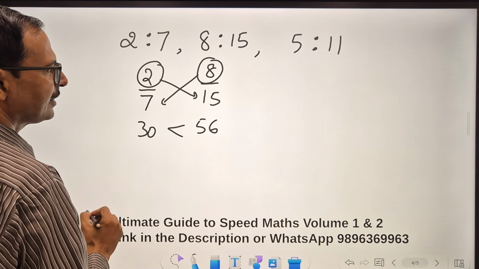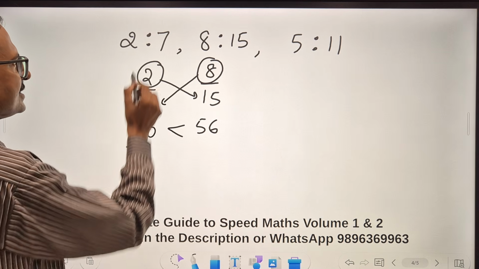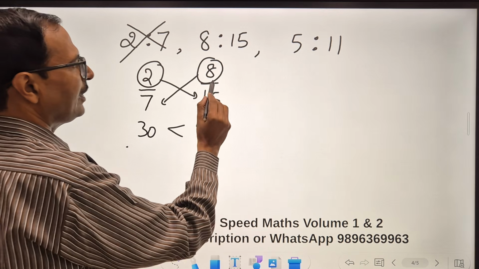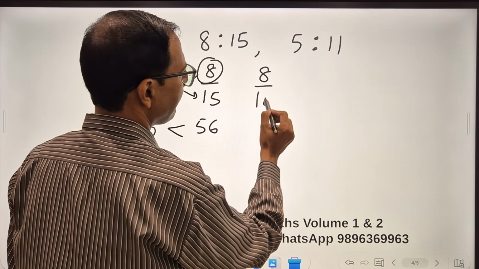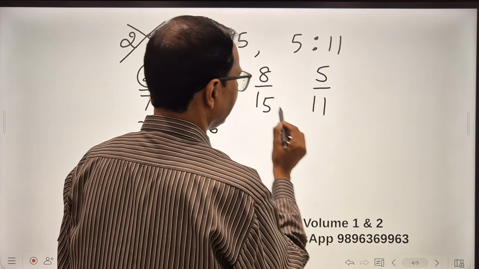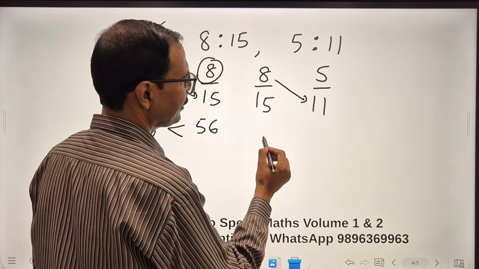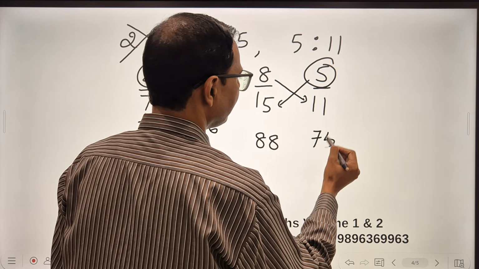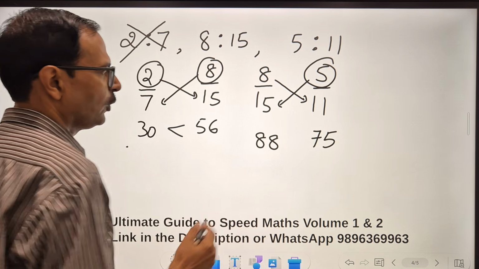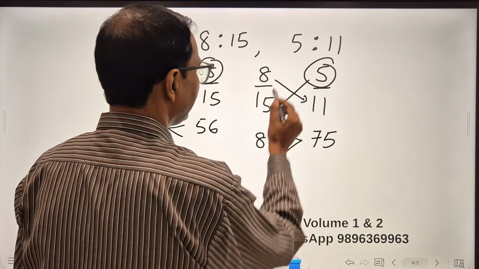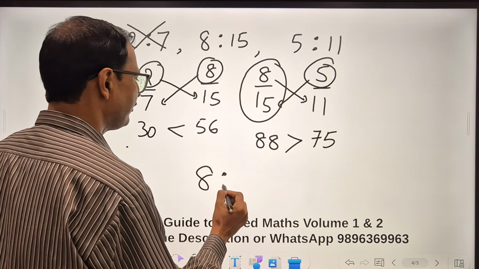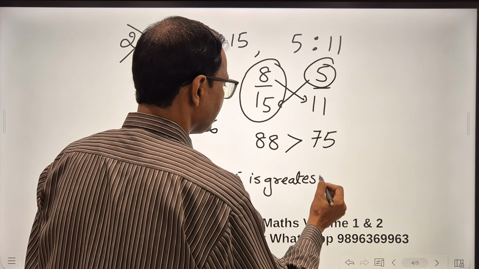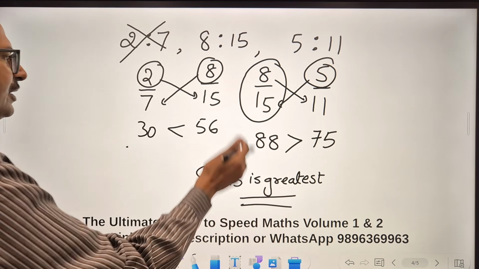Now 56 is greater, so 2:7 is eliminated because it is smaller than 8:15. Now I'll compare 8:15 with 5:11. 8 gives the product of 88 with 11. 5 gives a product of 75 with 15, and therefore 88 is greater than 75. So 8:15 is the greatest of these three given ratios.